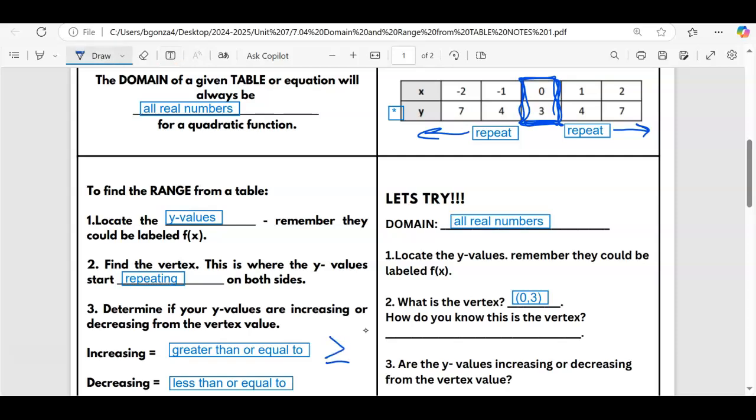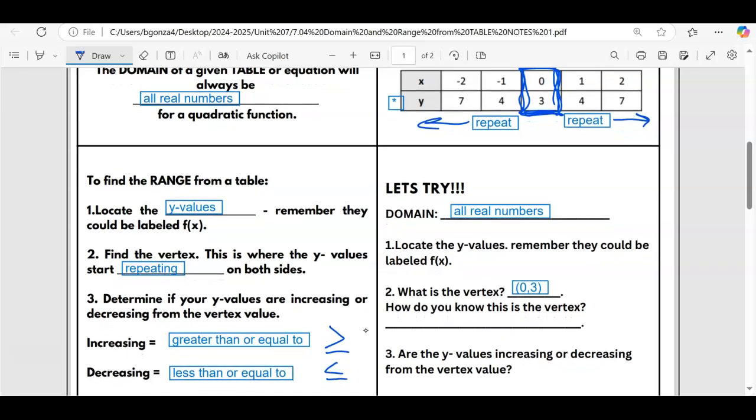If you see decreasing numbers, that would be the decreasing one, less than or equal to. There you go.